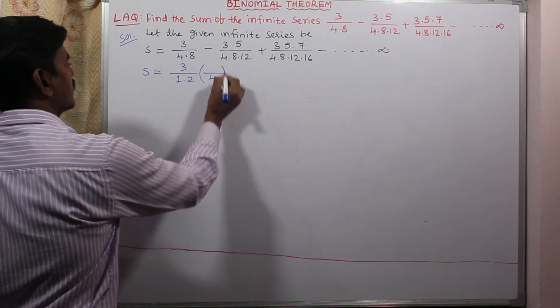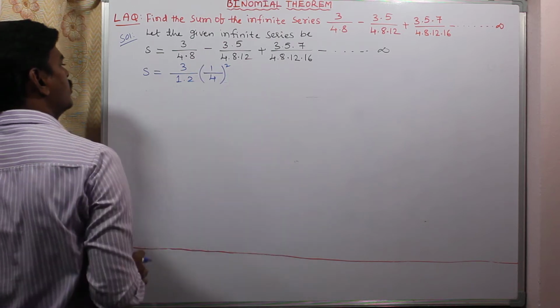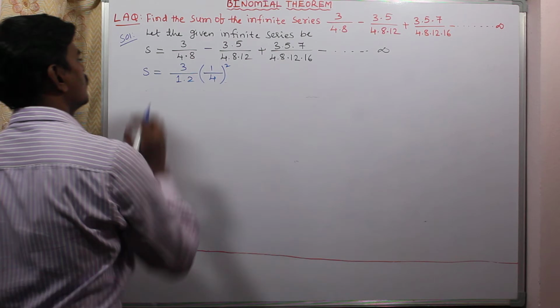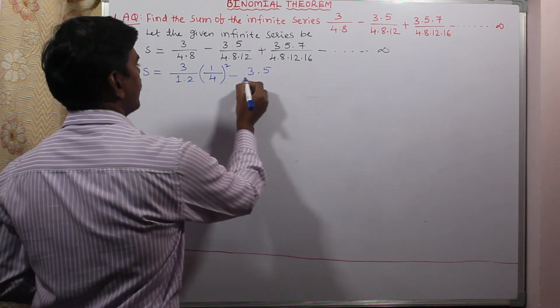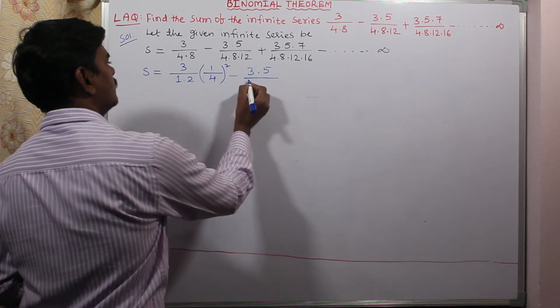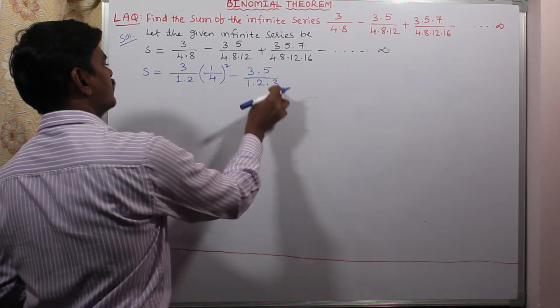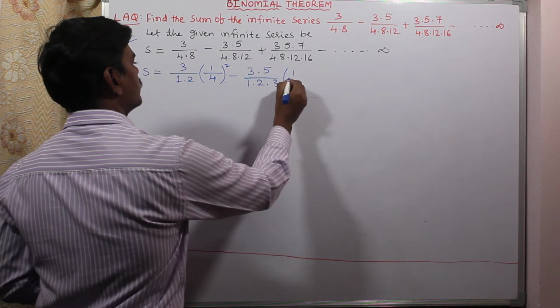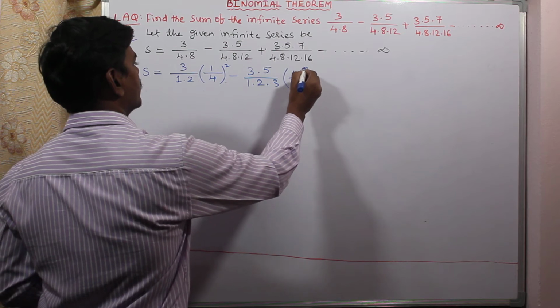4 square can also be written as the whole square of 1 by 4. So the numerator we can assume as 1. So 1 by 4 whole square minus 3 into 5 by, with the same procedure applied to the denominator: 1 into 2 into 3, 4 ones are 4, 4 twos are 8, 4 threes are 12. So we kept 4 cube aside in the denominator, which can be written as 1 by 4 whole cube.